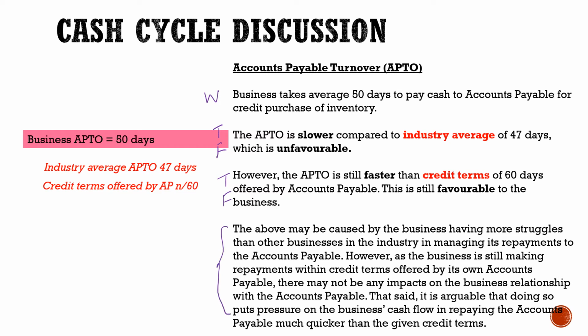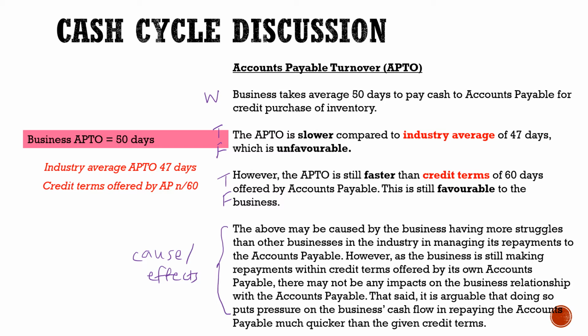Now in this last part here, I've basically weaved in the cause and effects, slightly different to what we've done earlier with the ITO and ARTO. And this is because in this example here, we're trying to say that in comparison to the industry average, it may seem unfavorable, but technically based on the credit terms of 60 days that's offered by the accounts payable, the business is actually doing pretty well in making repayments within that credit term.